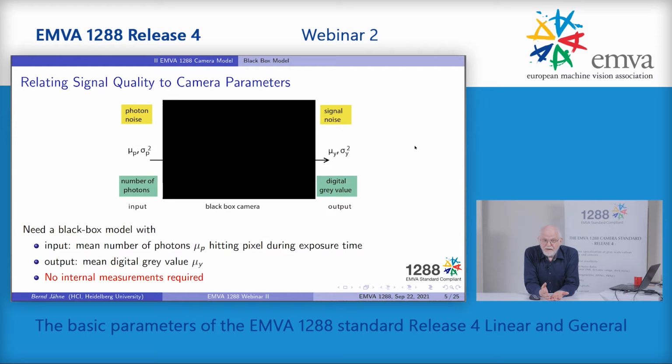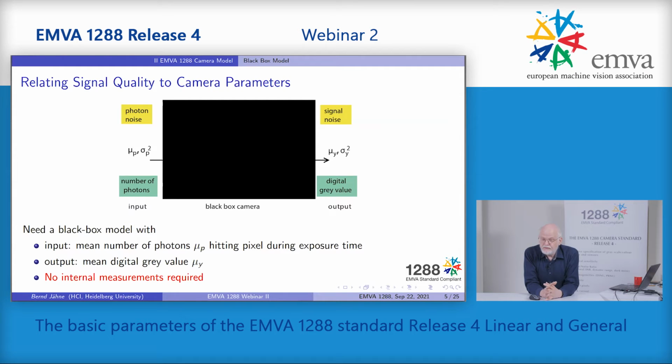That means given an input, which is something called an irradiance in physics, or exposure. And this is best expressed in number of photons hitting basically a pixel during the exposure time.